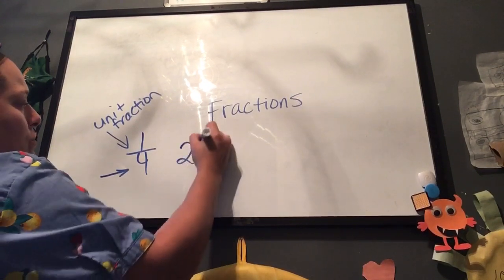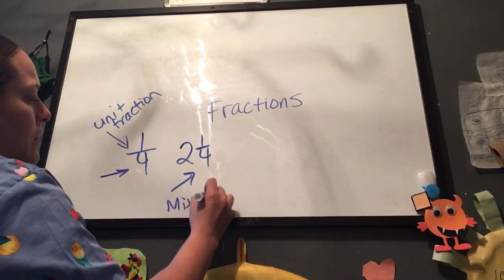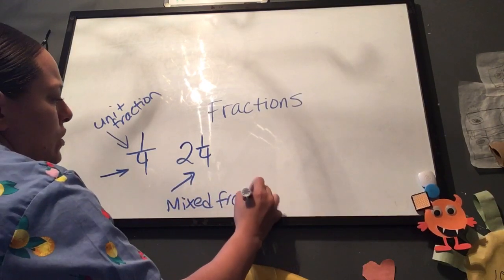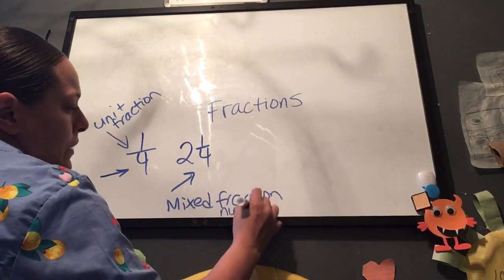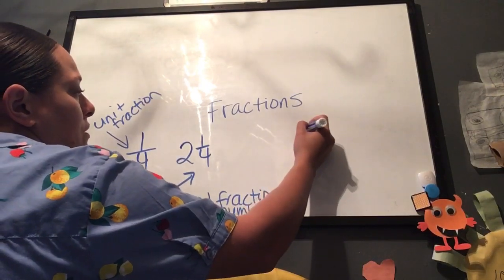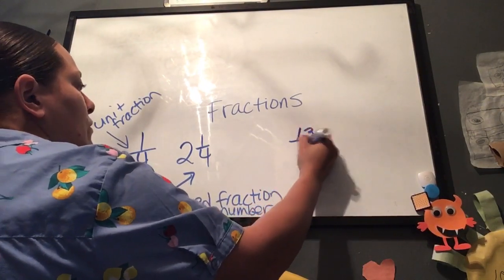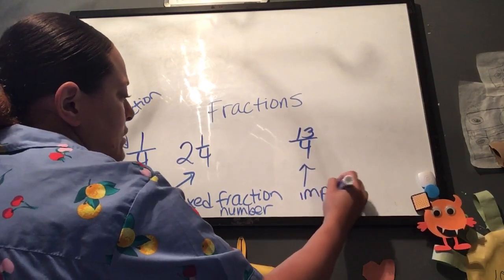So we have 2 and 1/4. That would be a mixed fraction, or sometimes you'll hear a mixed number. I think it's important for you to understand this. And then we have 13/4. That would be an improper fraction.